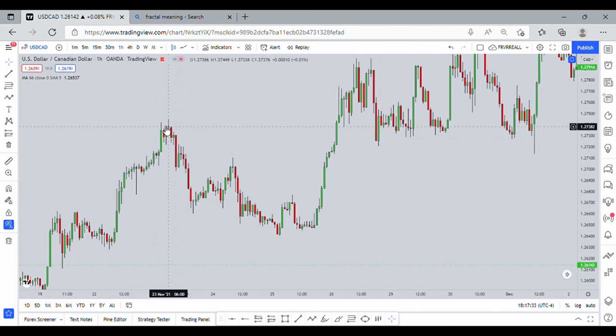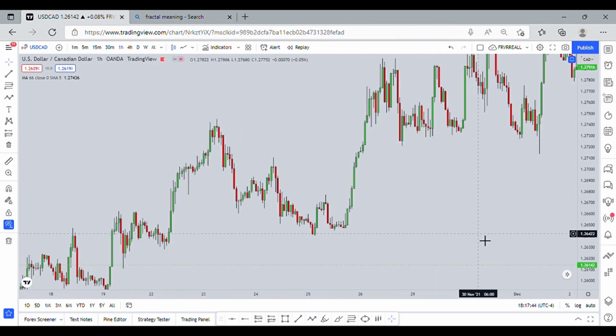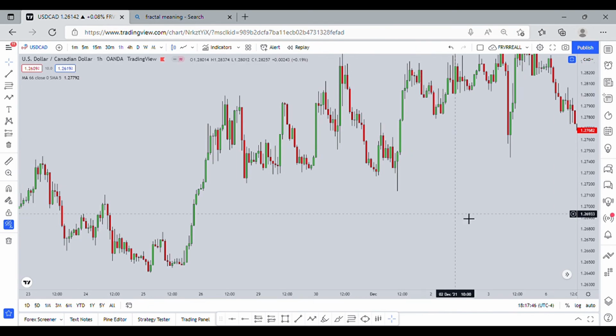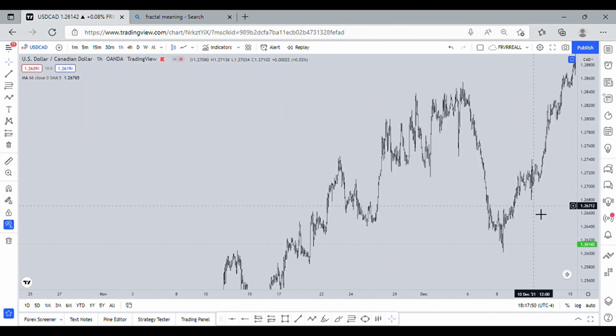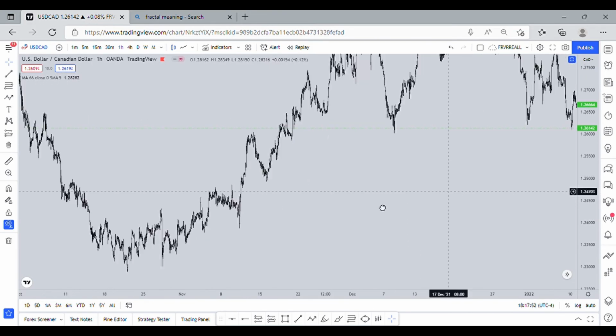To put it in perspective, this is a 1 hour downtrend, but if you go to the daily time frame, this only looks like a retracement, right? So you gotta keep that in mind whenever you meet that in the markets. Do not get confused, do not get frustrated, as it does happen quite often, right?